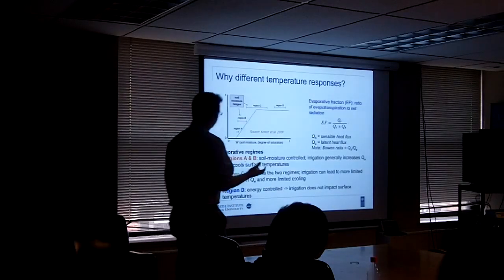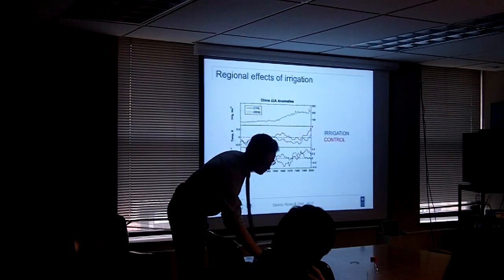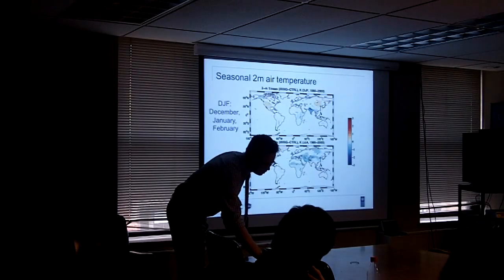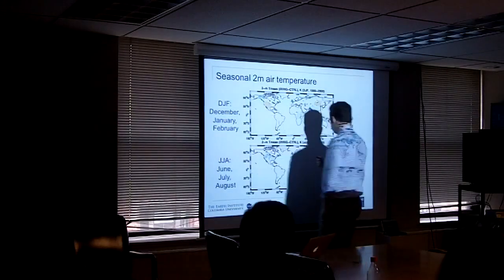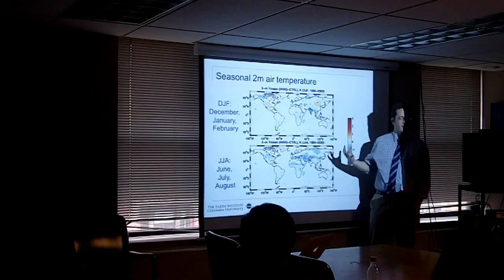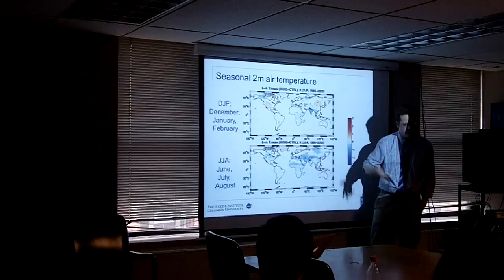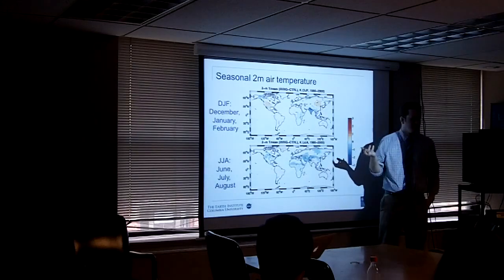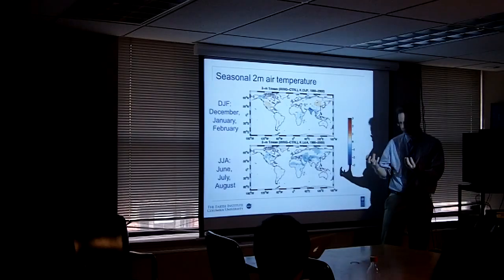So that's why, if we then take a look at the impacts on temperature, some regions, these portions of China are not very dry, so adding lots of irrigation water is not really going to increase your latent heat flux, or the relative amount of latent heat versus sensible heat.